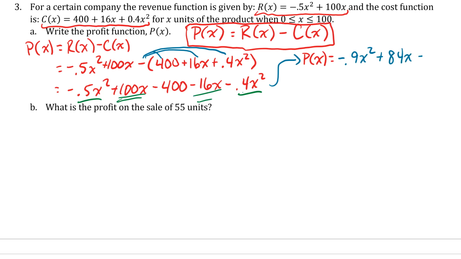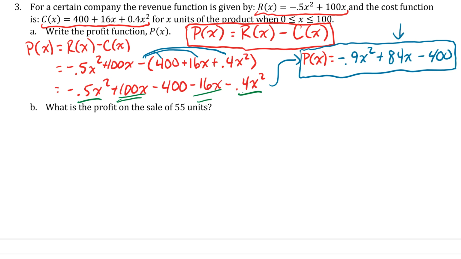And there's only one number, nothing to combine it with, so minus 400. All right, that is our profit function. All right, so if we plug in any number of units into this new function that we made, it'll tell you how much profit that you're going to make off of it.